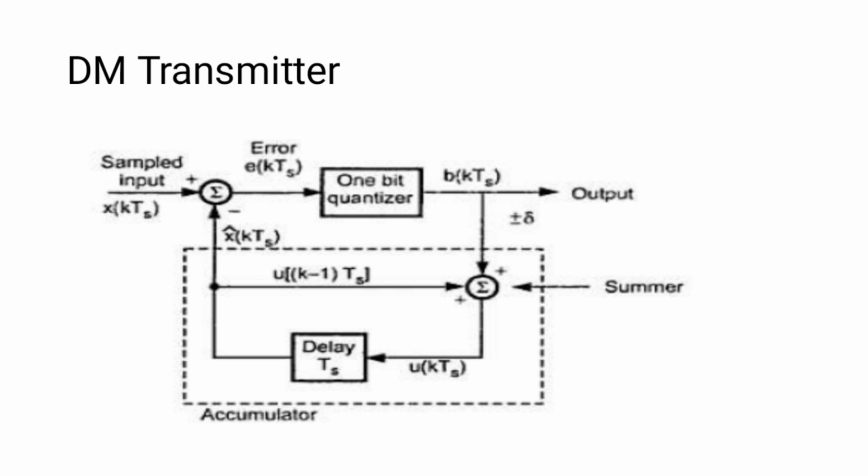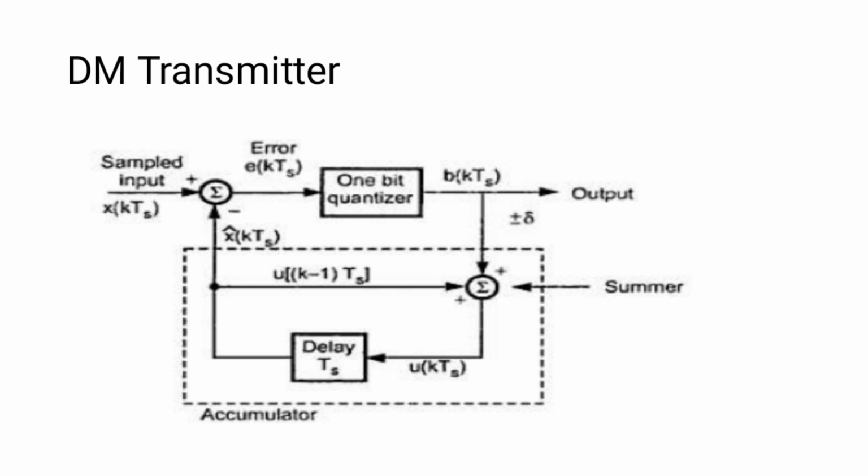That's the difference. And the one-bit quantizer, as I told you, plus delta means 1, minus delta means 0. That binary data we receive at b(kTs).